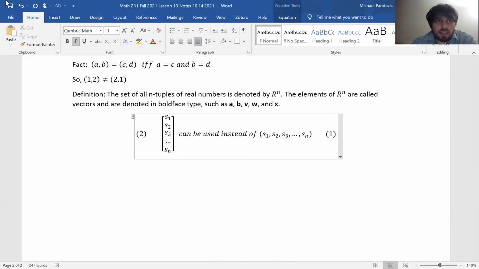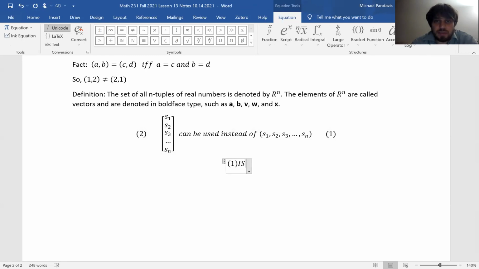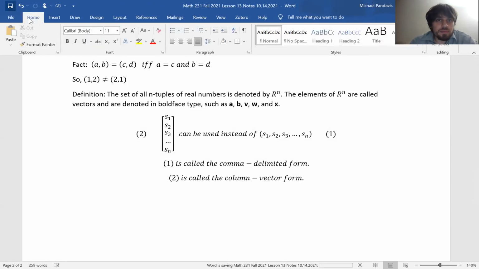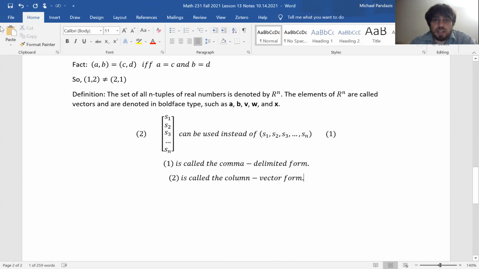So that way, the left-hand notation I'm calling 1, and the right-hand one I'm calling 2. 1 is called the comma delimited form. 2 is called the column vector form. So each has a name.